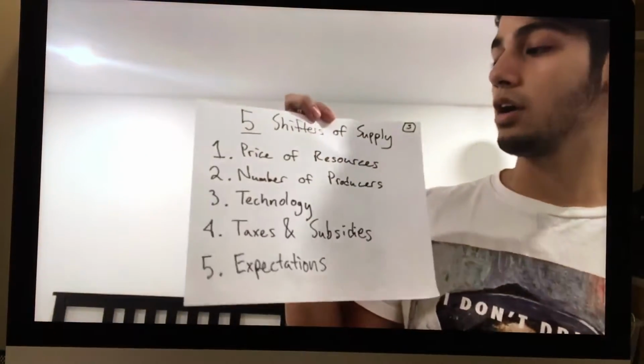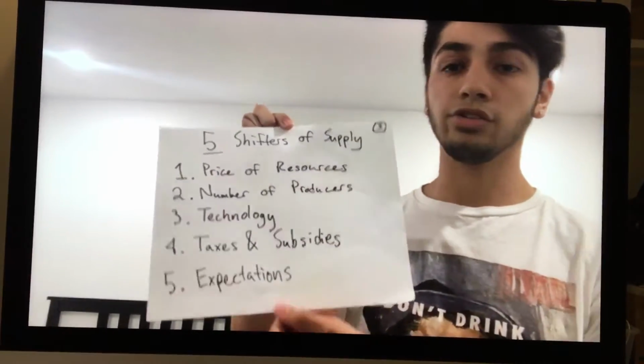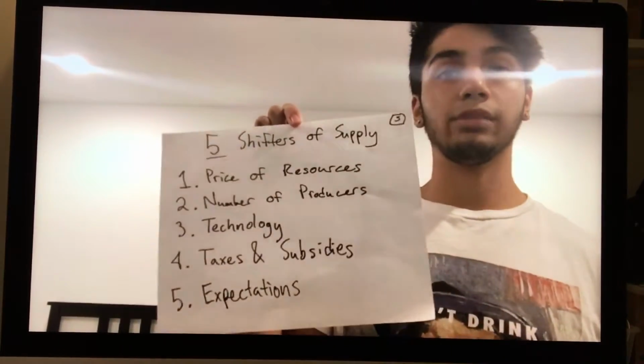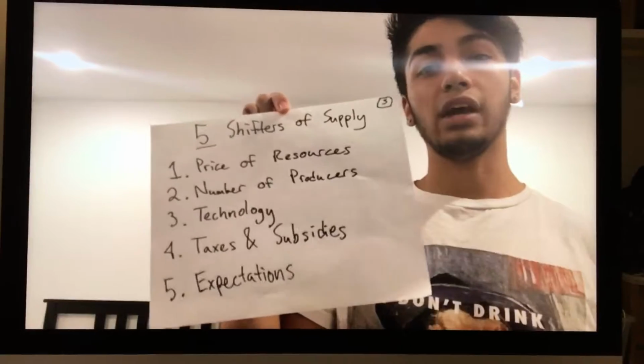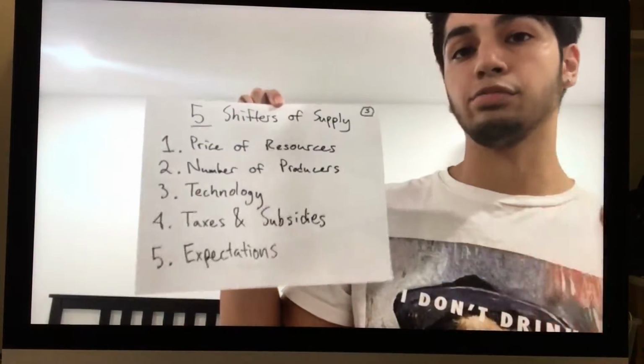However, there are 5 main things that can shift the entire supply curve. So the 5 shifters of supply are: 1, the price of resources. So for example, if a pencil company that has to buy wood to make the pencils has to pay more for that wood, then the supply will go down. The second shifter is the number of producers.